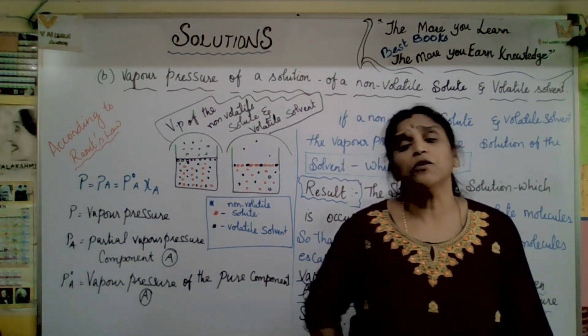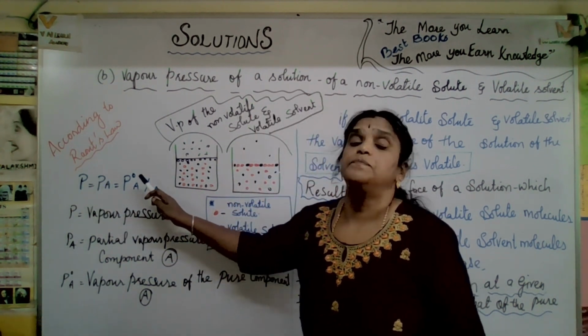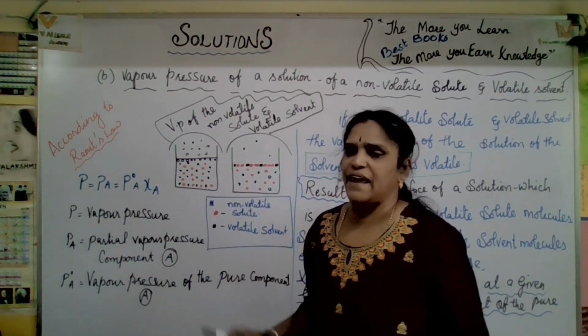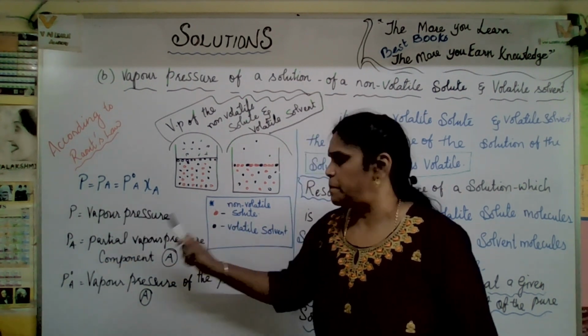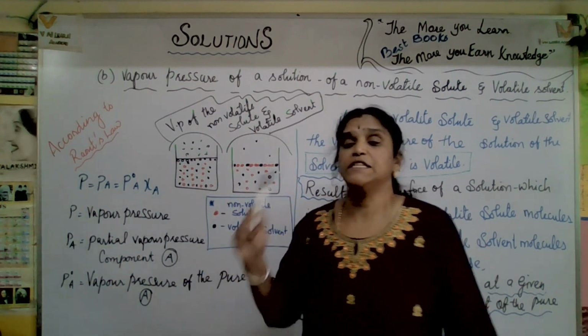Now, according to Raoult's law, P_A equals P naught A chi A. What is P? Vapor pressure. P_A is the partial vapor pressure of component A, that means the first component.